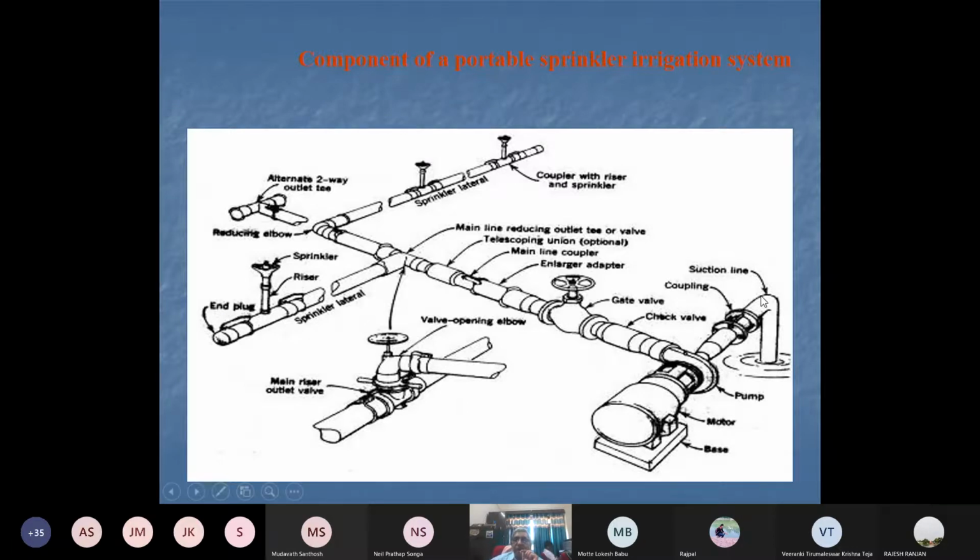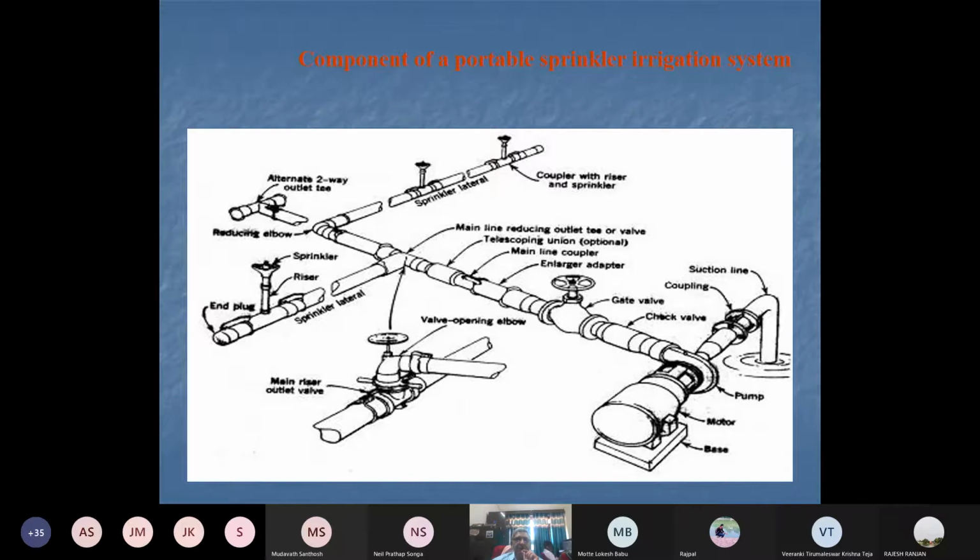So here what you are seeing, there is a source of water, and this source of water can be pond water, river water, or groundwater. And then, as I told you, the sprinkler irrigation system falls under the category of pressurized irrigation systems.